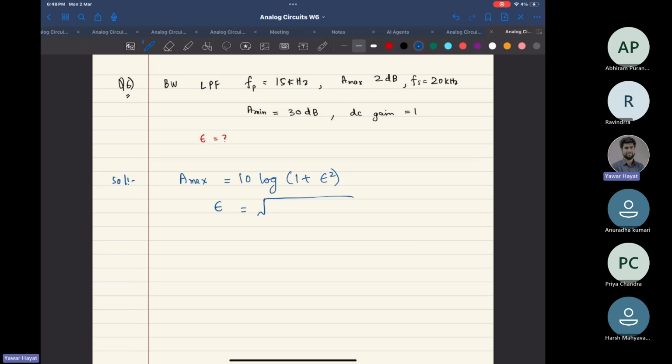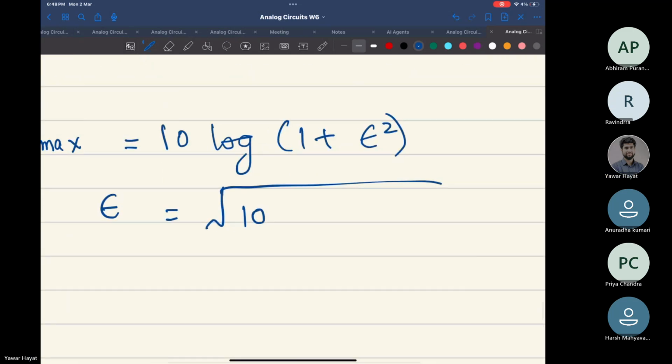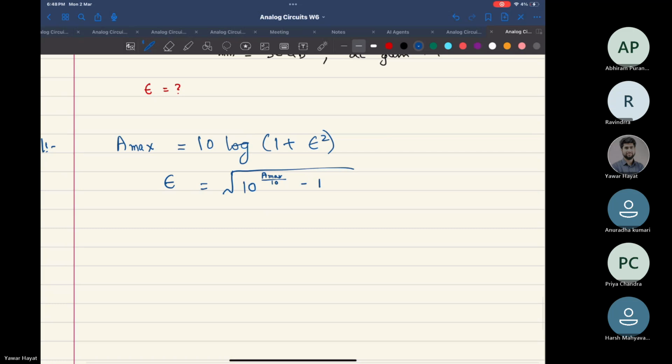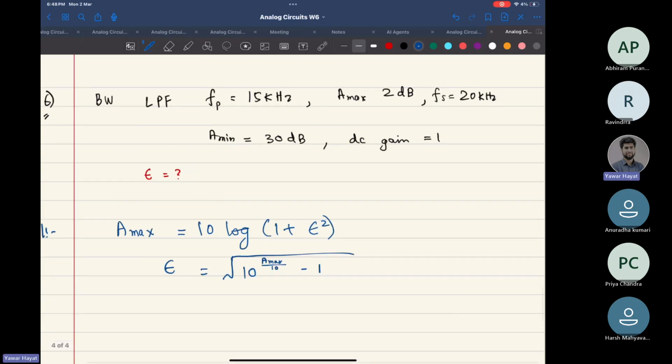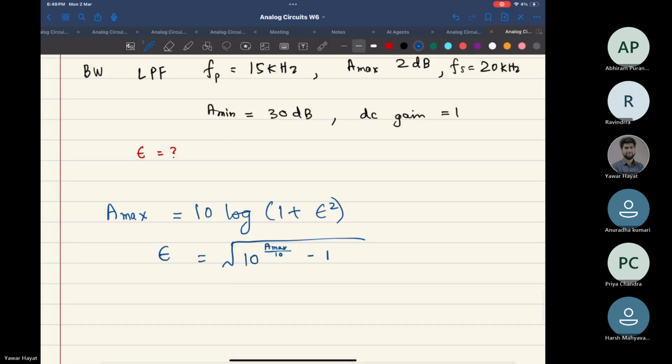It would be square root of 10 to the power A max by 10 minus 1, right? So how much is your A max in dBs? That is 2, right? So 2 by 10 is how much? 0.2. So it's 10 to the power 0.2 minus 1, square root of that. How much is that?